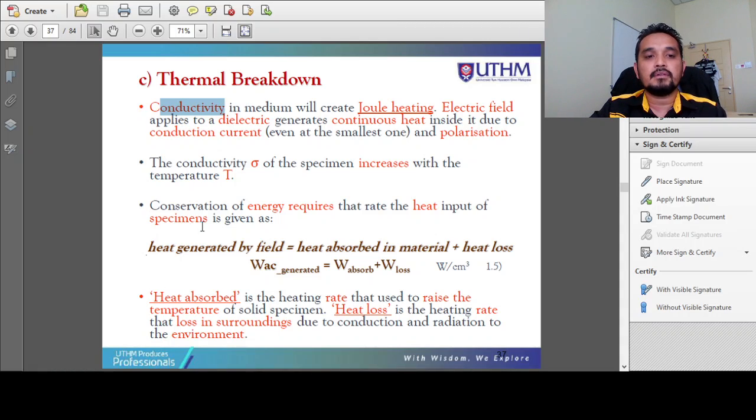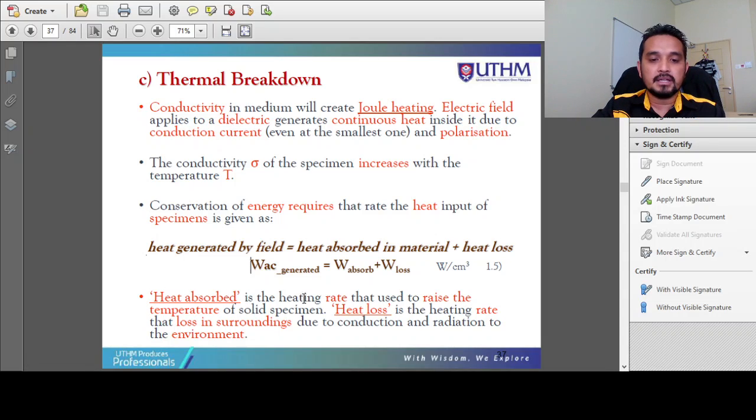Once the conductivity increases due to the electric field, we will have the current conduction, and the prolonged current conduction will trigger heat generation. So to simplify, we can consider the heat generated by the field as equivalent to the heat absorbed by the material plus the heat losses to the environment.